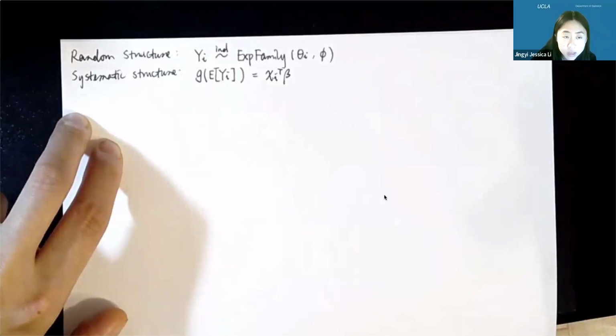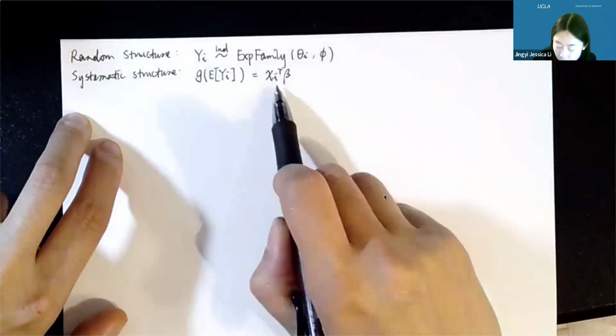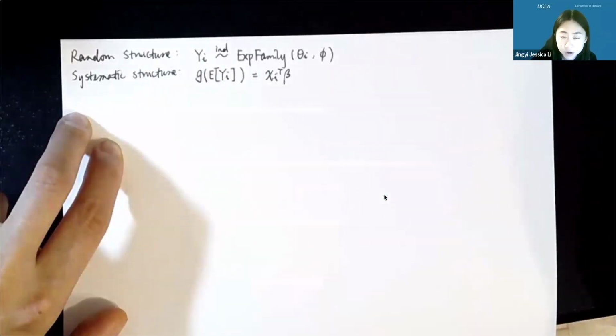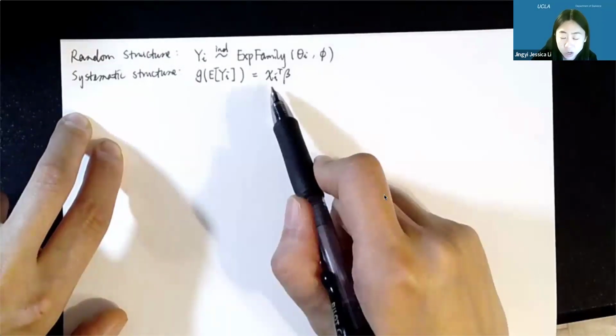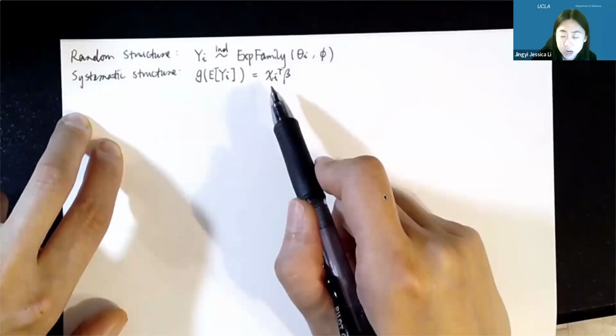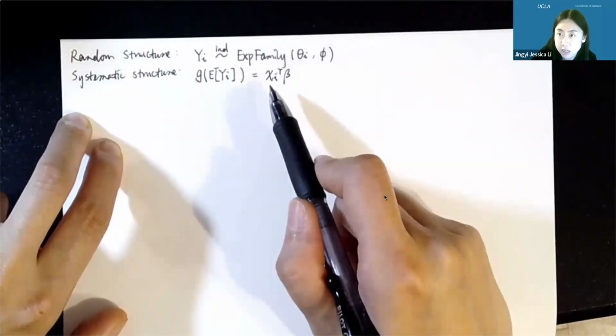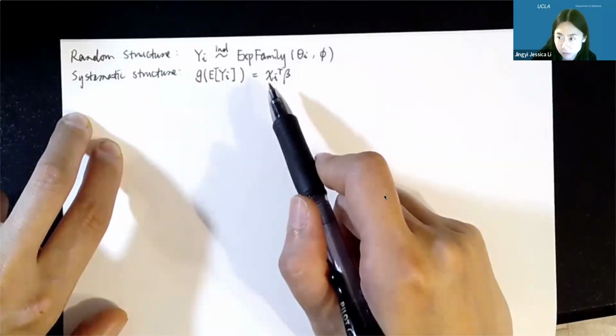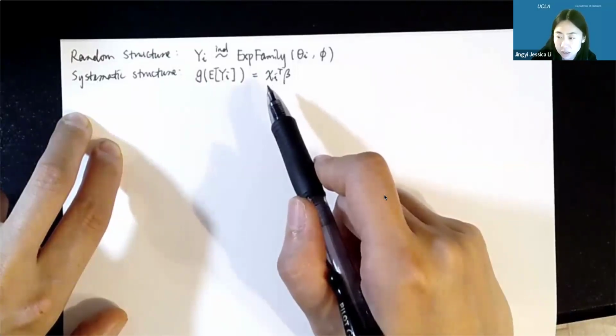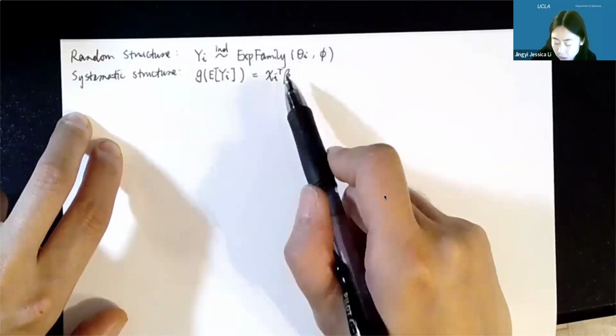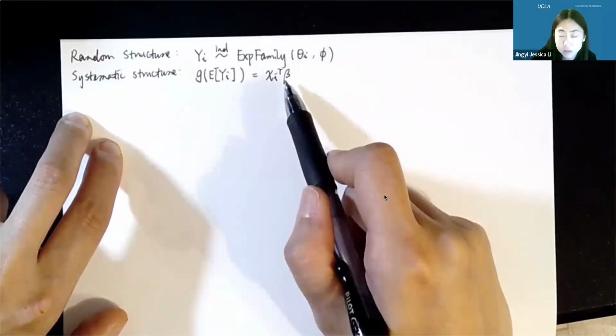And beta will give us the effects of the covariates. We denote xi as a p-dimensional vector, including one intercept and p-1 covariates. If we are interested in a specific covariate, we look for its coefficient in this beta.